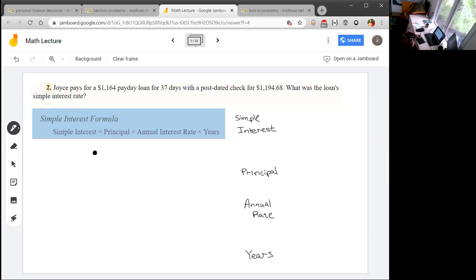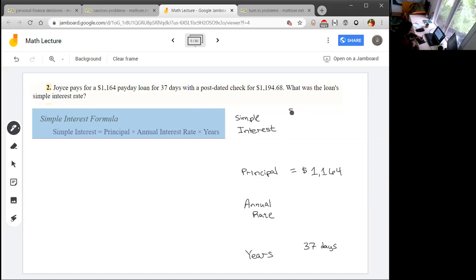And that way, whatever is tricky, I will notice before I get started. So in this case, the principal is easy to see, 1,164. Instead of years, we're given 37 days. There's a post-dated check for a little bit more money. So for the interest, she is paying back the loan, and she's also paying a little bit more to cover the interest.